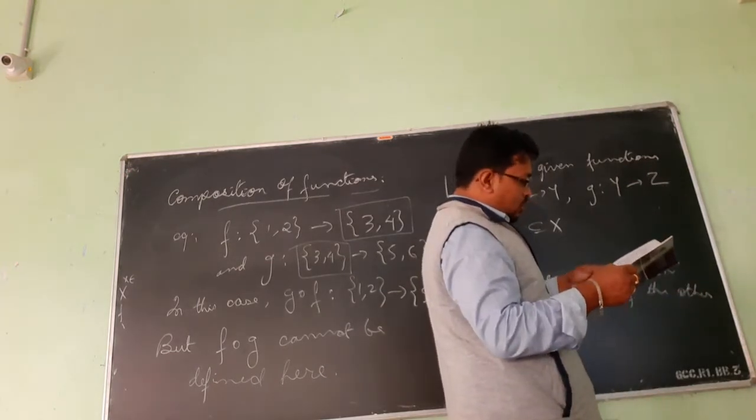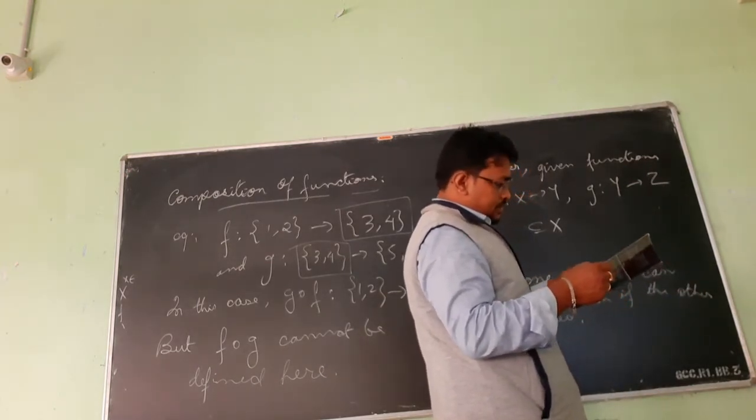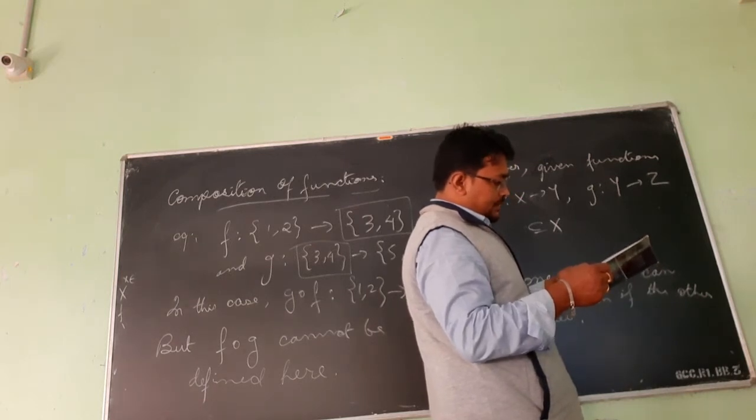It's not necessary that the whole codomain should be a subset; the range could be a subset.